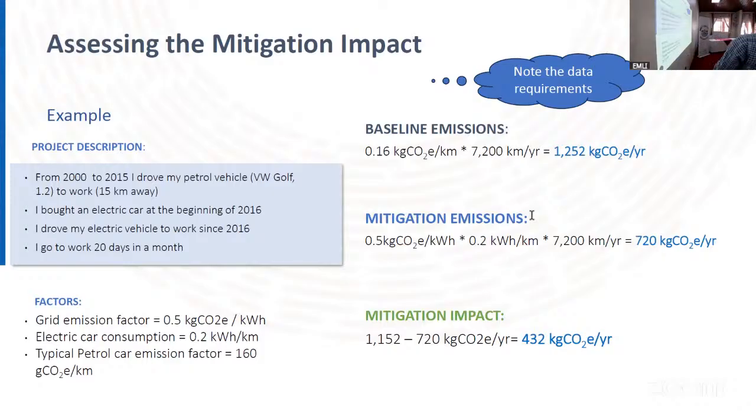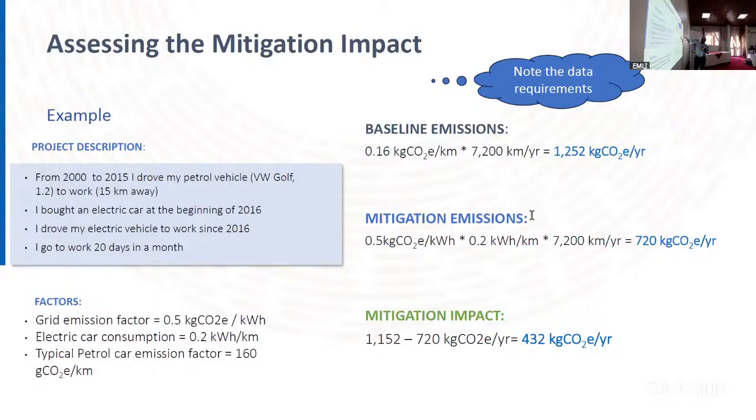So under our baseline, what would have been emitted is the 0.16, which is that emission factor, times this activity data, which would give us 1,250 kilograms of carbon dioxide per year, right?